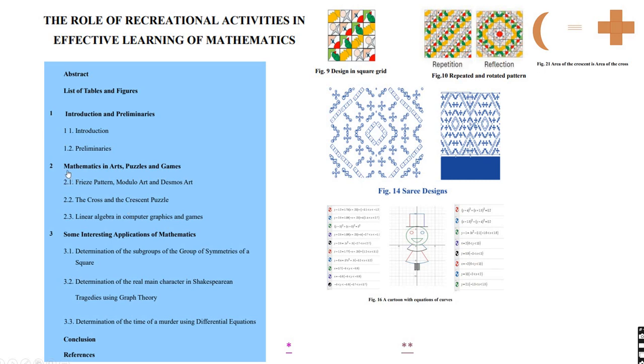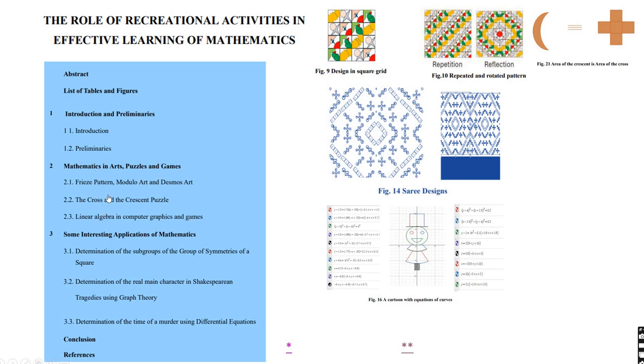So in this, mathematics and arts, puzzles and games are discussed. In that, frieze patterns, modulo art, Dudeney's art, and this particular one, the cross and the crescent puzzle, which is given in Mathematics Can Be Fun by Perelman in that book, and linear algebra in computer graphics and games.